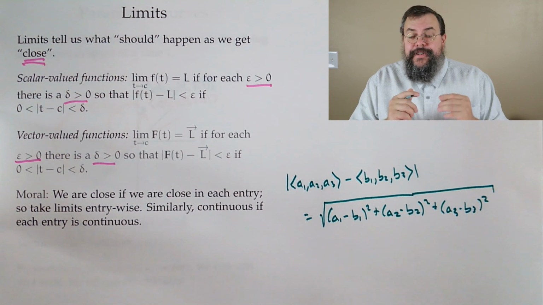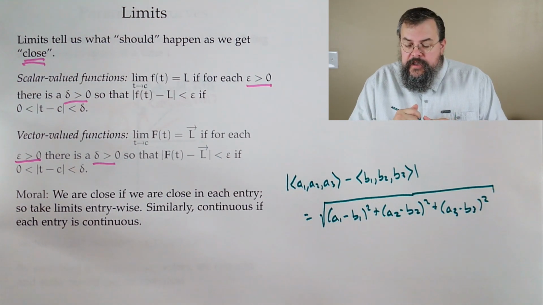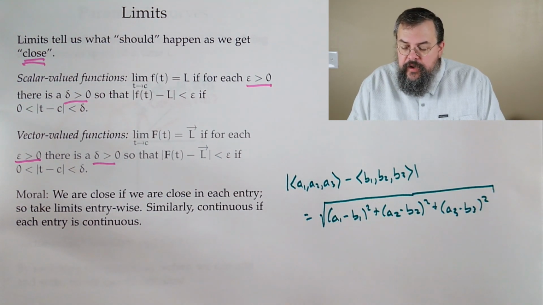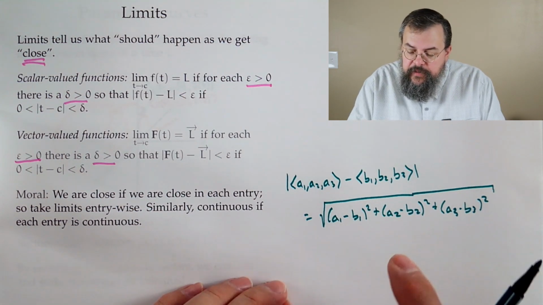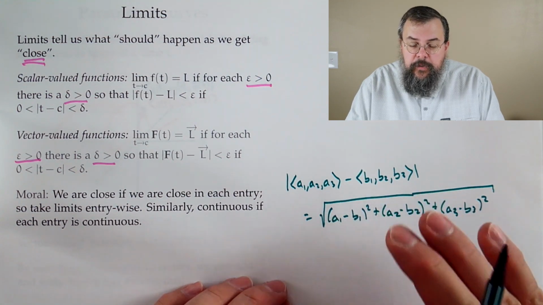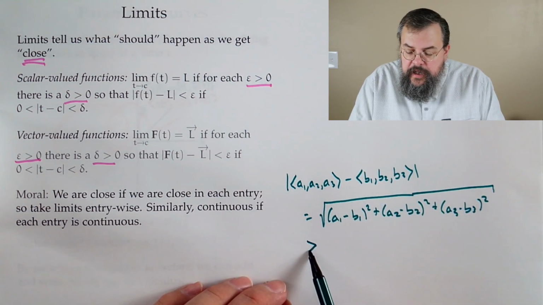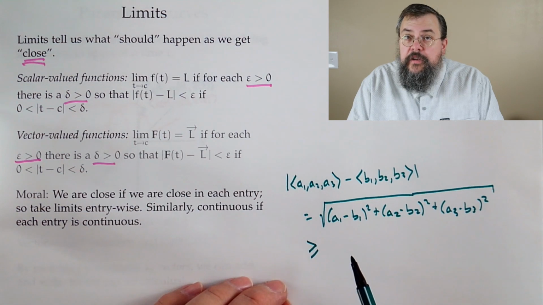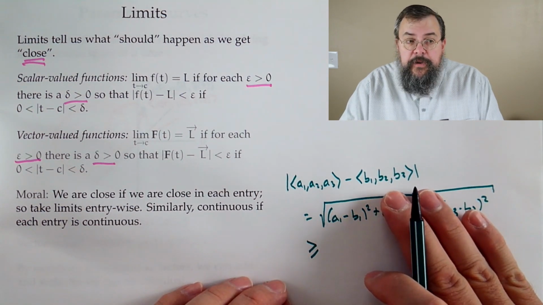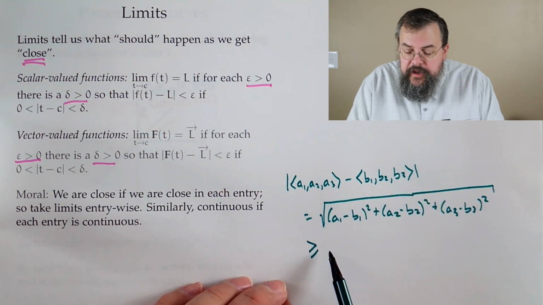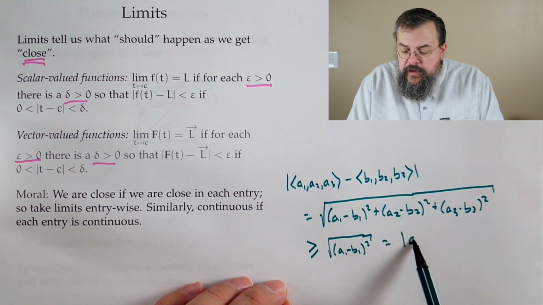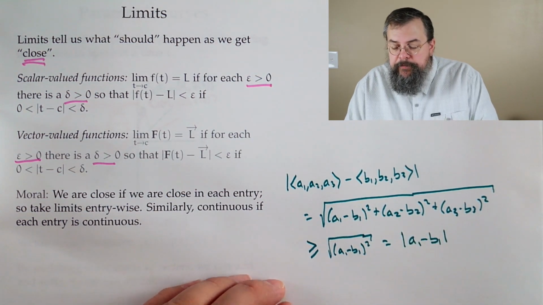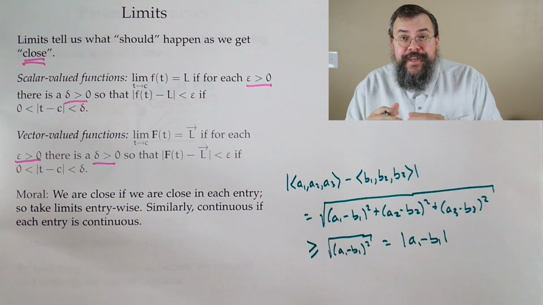Now, here's the thing. Let's just say, look, suppose I want to compare just the first entry. Well, look, if I drop those two, what happens? Well, I've only made the whole thing smaller, right? If I drop those, I made it smaller. So it's bigger than or equal to the square root of (A1 minus B1) squared, which you can just say is the absolute value of A1 minus B1.